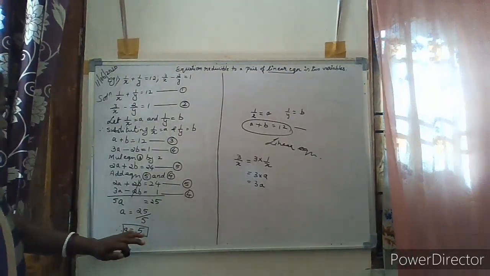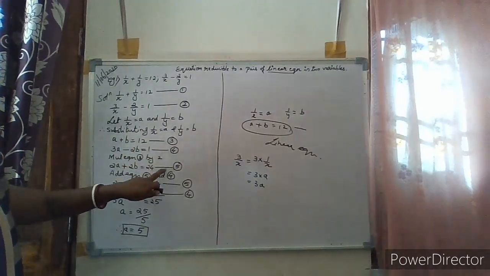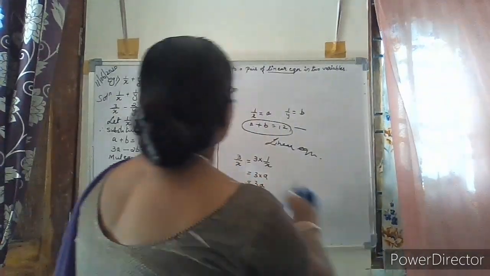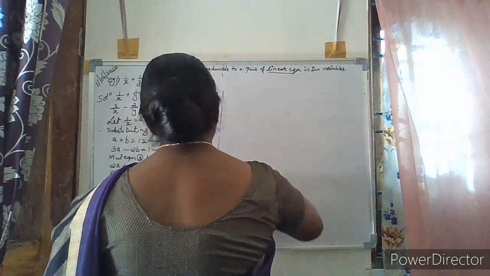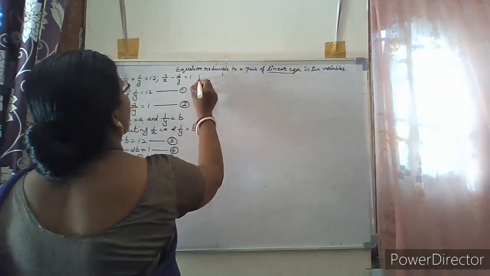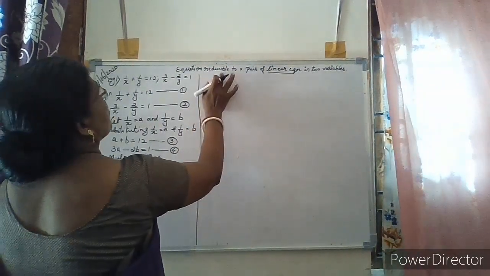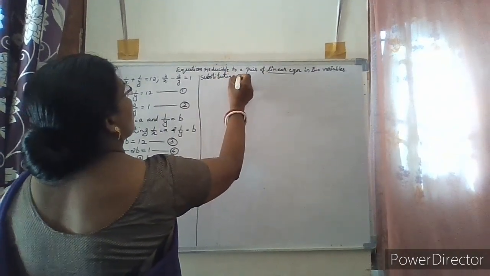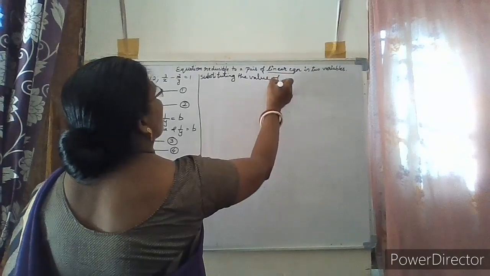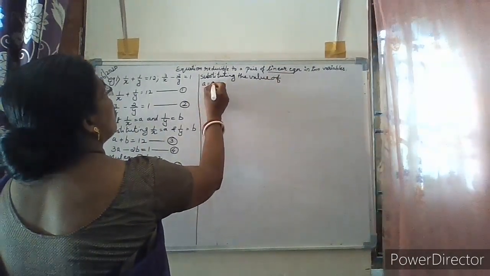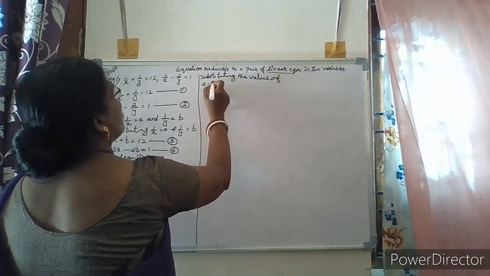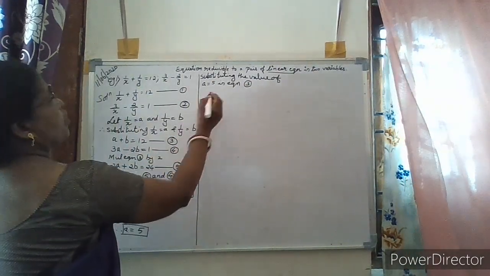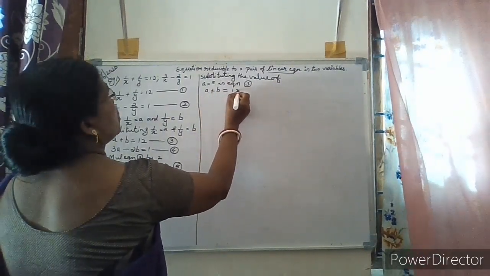We got the value of a equal to 5. Now we will substitute this value of a in equation 3, 4 or 5, whichever you find easy. Substituting a equal to 5 in equation 3, the easiest equation: a plus b is equal to 12.